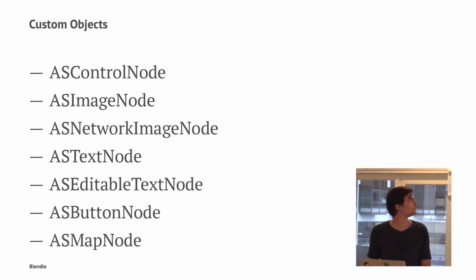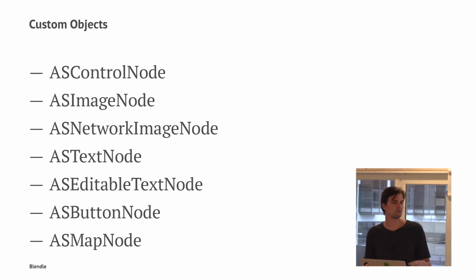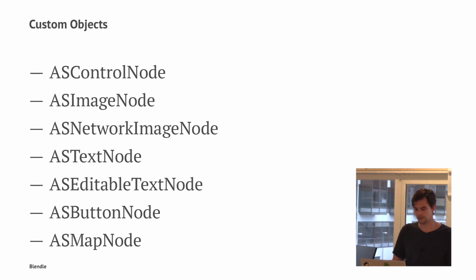ASImageNode is the counterpart of UIImageView with a complete custom implementation for image rendering. It has a lot of nice extra features like animated GIF support. You can also set modification blocks on it. So if you want to round the image, you can do that using an image modification block. You can also provide a tint color for an image if you have a templated image.